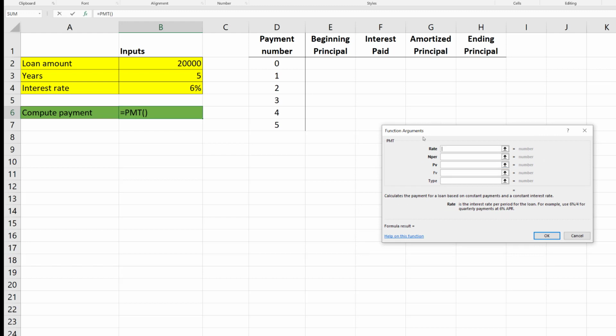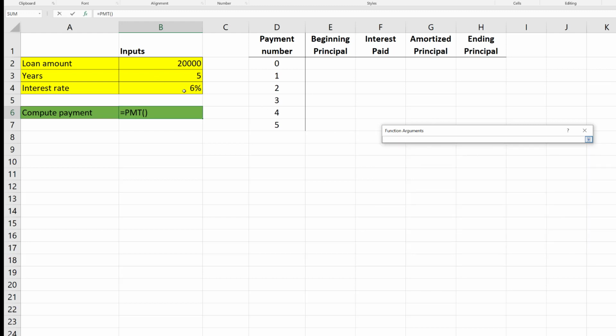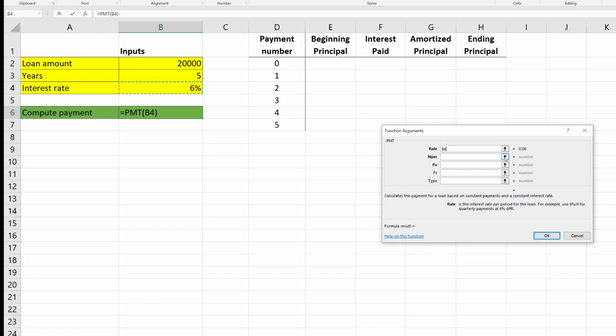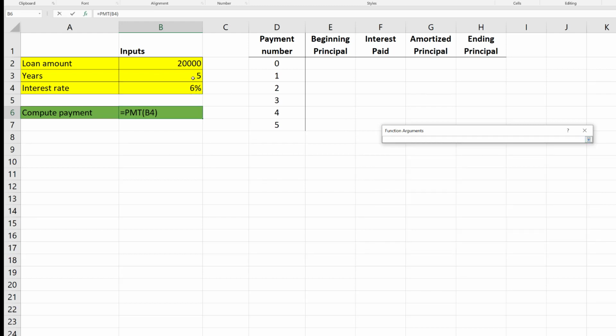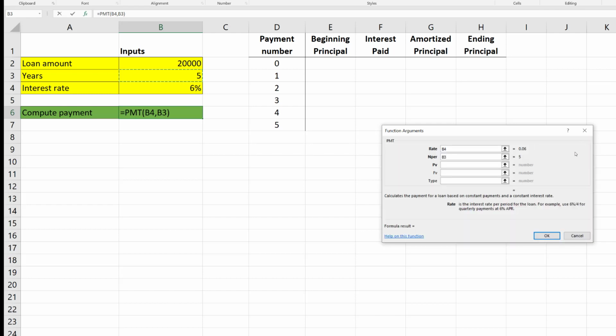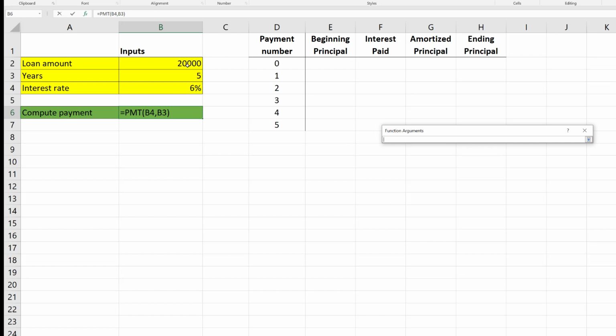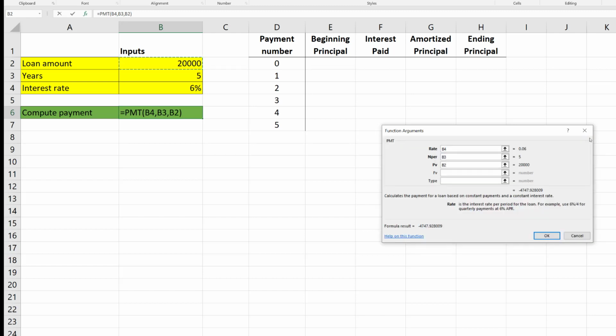You'll see that the first argument needs an interest rate, and that interest rate is going to be that cell there. The second argument is the number of periods, and that cell contains the number of periods. And then the present value, or the original loan balance, goes in the third argument.